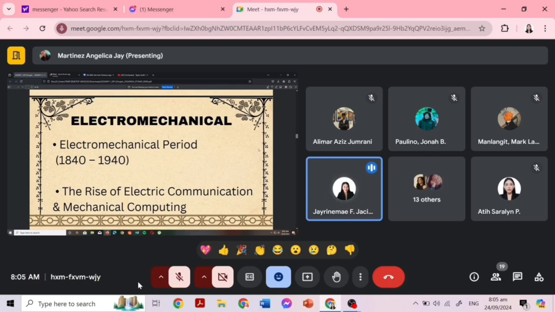This era witnessed the rise of electric communication systems such as the telegraph and telephone, which revolutionized how people exchange information over long distances. At the same time, mechanical computing devices like Charles Babbage's analytical engine and punch card systems laid the foundation for modern computers. These developments not only shaped industries but also paved the way for the digital revolution that followed, transforming the world's technological landscape. Next po.